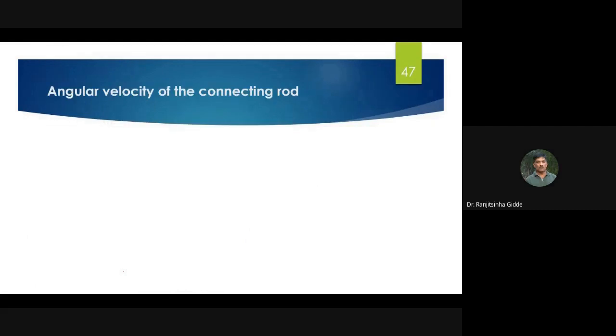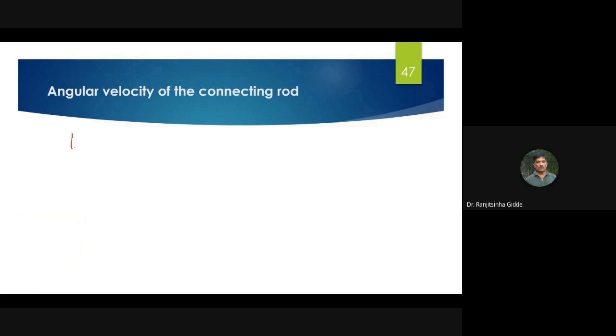Next line you can write, angular velocity of the connecting rod. So how to find out the angular velocity of the connecting rod?